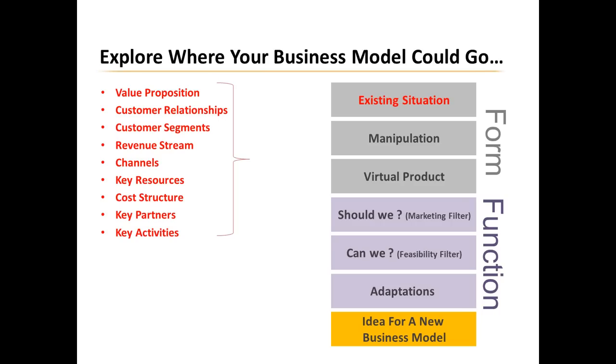Now just remember, it's not about doing exactly what you're doing today without that segment. It's creating adaptations to all the other elements, perhaps to your channels, perhaps to your resources, perhaps to your cost structure, but trying to shift all of these elements to make a business model that makes sense without that key segment. Imagine taking away one of your key channels, or your pricing models, or subtracting one of your key products.